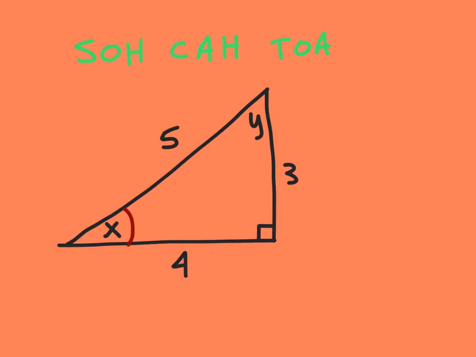So within angle X, I want to take this perspective of angle X and label my side lengths, okay? The longest side in a triangle is always called the hypotenuse. I'm going to label that with an H, okay? The side that is next to my angle X, that's not my hypotenuse, is the adjacent side.